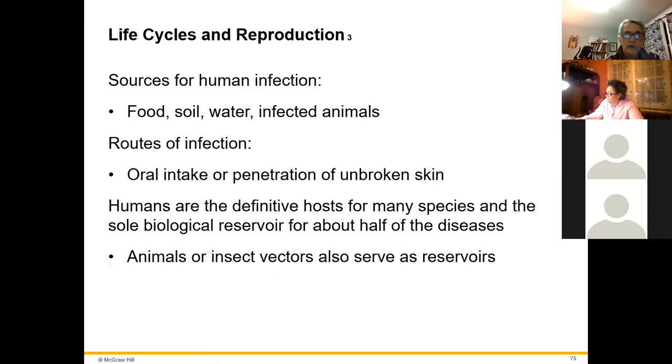Sources for human infection of parasitic worms can be food, soil, water, infected animals. Routes of infection are oral or the penetration of unbroken skin. Humans are the definitive hosts of many species and the sole biological reservoir for about half of the parasitic diseases of worms. Animals or insect vectors can serve as reservoirs.